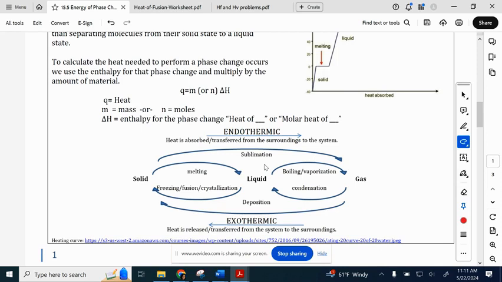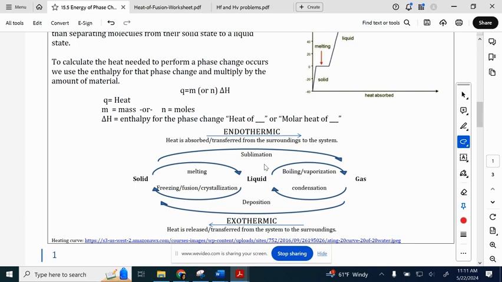This is called heat of fusion because you're bringing together those molecules and essentially fusing them together. Fusing means, if you've ever heard of people having a bone break, they have to fuse the bone back together.